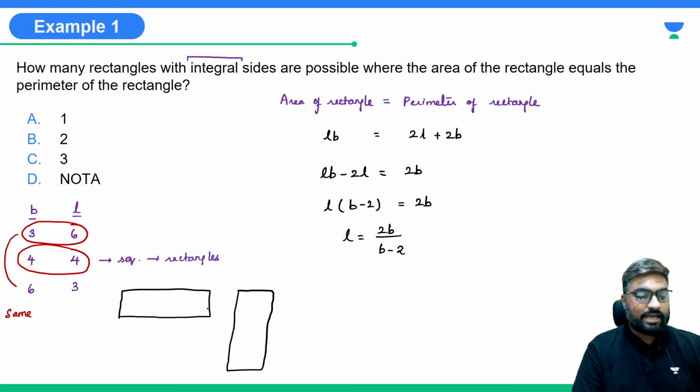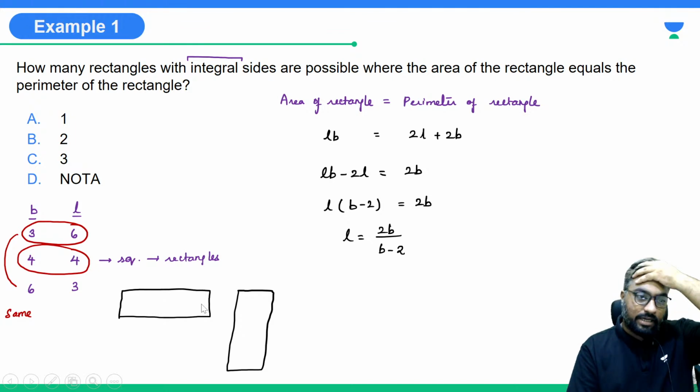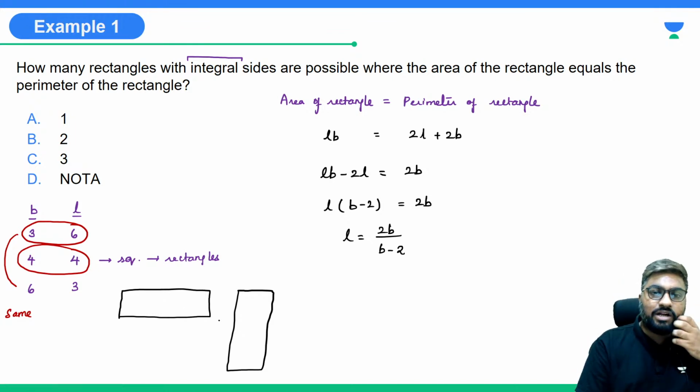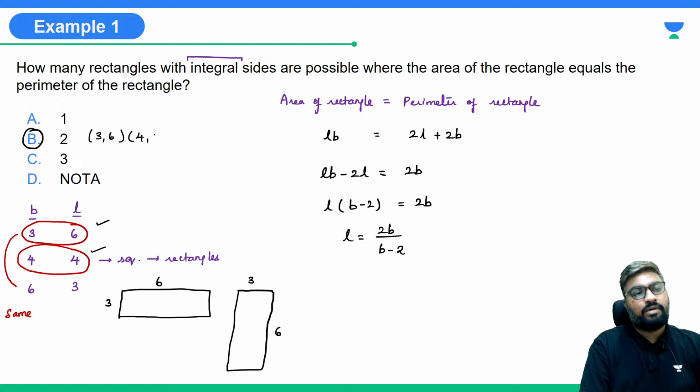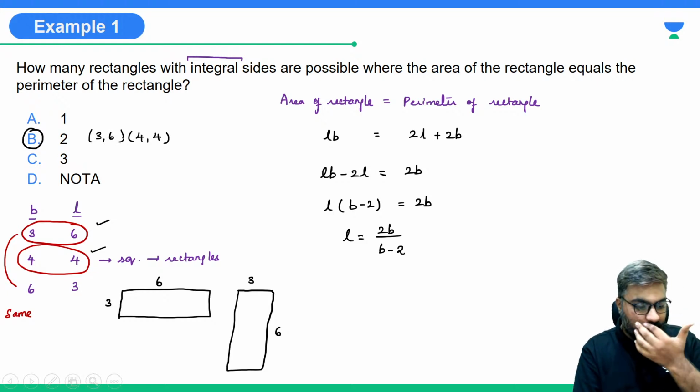Both are the same rectangle, just rotated. तो rotate करना would not change the rectangle. 3, 6 या 6, 3 दोनों same है. So we have only two unique rectangles, which is 3, 6 and 4, 4. Got it? That's it. बढ़िया?